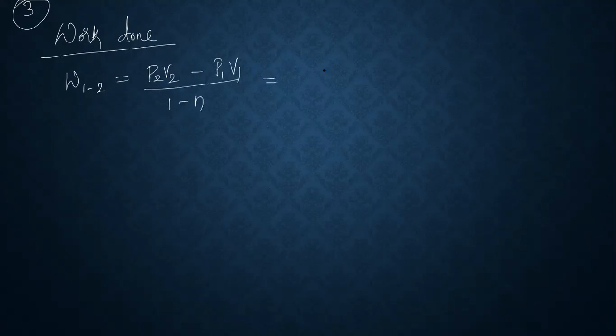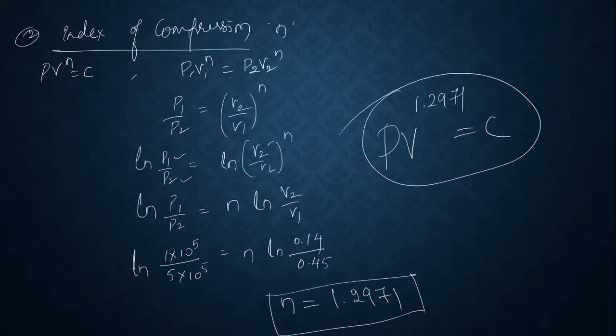Now the last one is the work done for a polytropic process. Work done for a polytropic process is given by W1 to 2 equal to P2 V2 minus P1 V1 divided by 1 minus n. P2 is 5 into 10 to the power of 5, V2 is 0.13, minus P1 is 1 into 10 to the power of 5, V1 is 0.45, divided by 1 minus n.